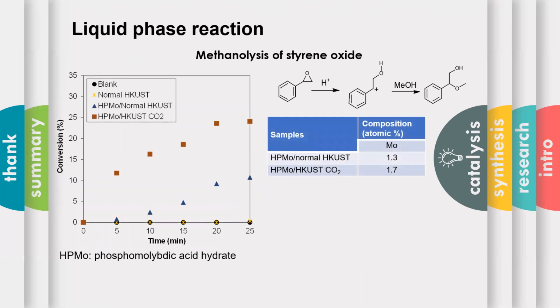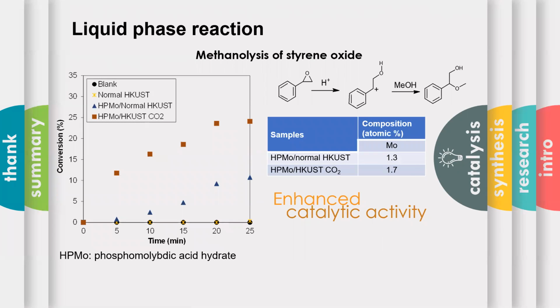We also compared the performance of hierarchical HKUST-1 in a liquid phase reaction, and here we use the methanolysis of styrene oxide as an example. We can see that the HKUST-1 CO2 has enhanced catalytic activity compared to the normal HKUST-1.